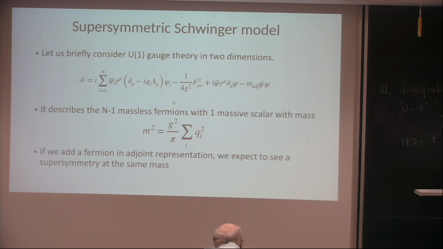You have this 't Hooft model, and he calculated the spectrum, with particular features. Now you have this analog with adjoint, right? What is the special feature which differentiates this adjoint spectrum from the one with fundamental fermions? In the case when you have the 't Hooft model with only fundamentals, you can construct the large-N limit.